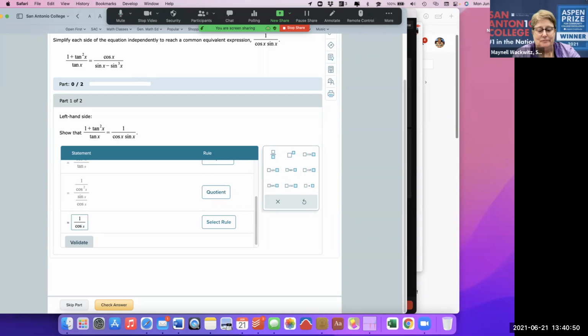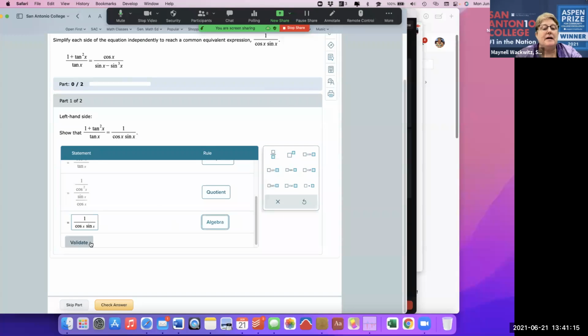And what do we have now in the denominator? Oh, yeah, sine x cosine x. And what is the rule that we just did? Was there any trig involved? We didn't really take a reciprocal in a trig sense.